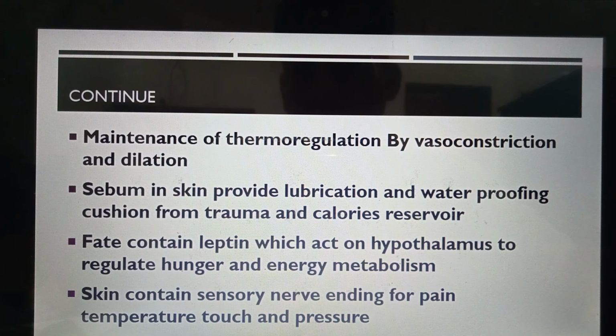Sebum in skin provides lubrication and waterproofing and cushion from trauma and works as a calorie reservoir. Skin also contains fat in the form of leptin, which acts on the hypothalamus to regulate hunger and energy metabolism. Skin contains sensory nerve endings for pain, temperature, touch and pressure sensation.